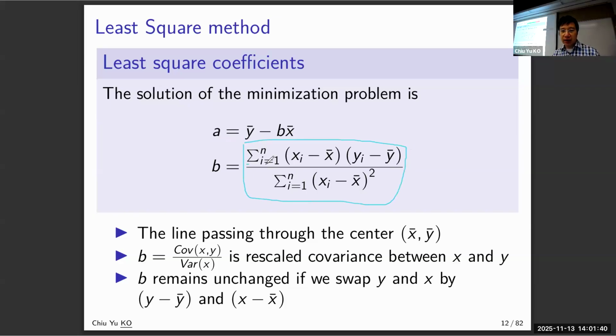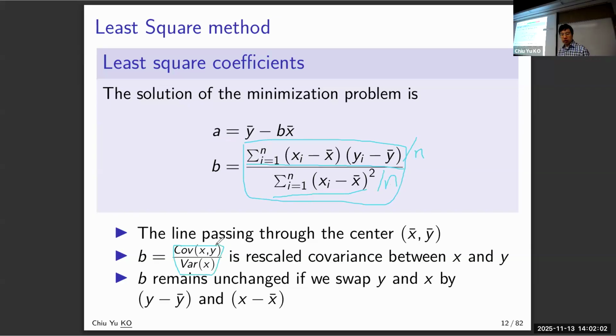If you see this, it should remind you this is the numerator of covariance. And this should remind you of variance. If you divide these by n or n minus 1, depending on what you like, you get covariance and variance.